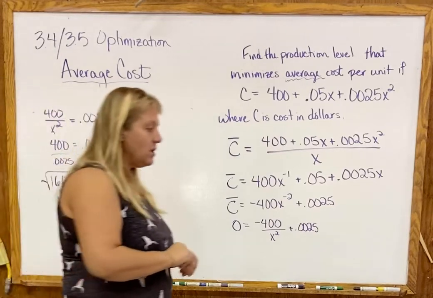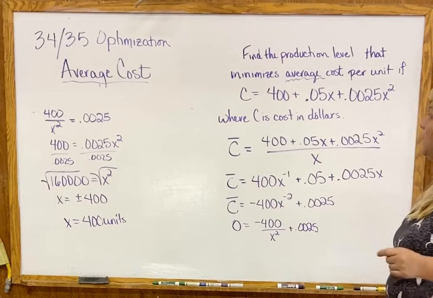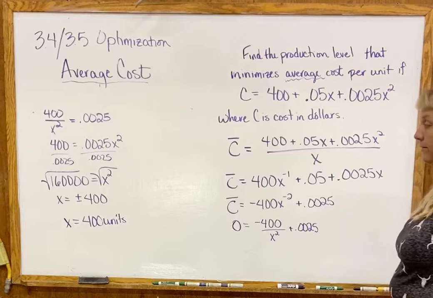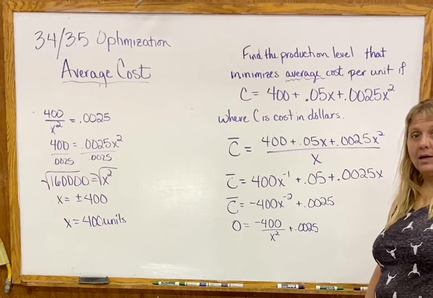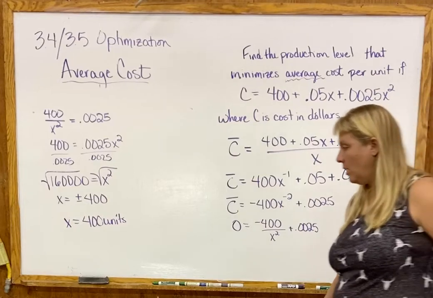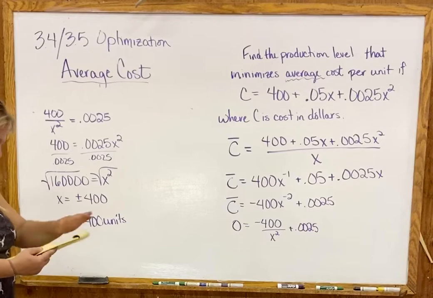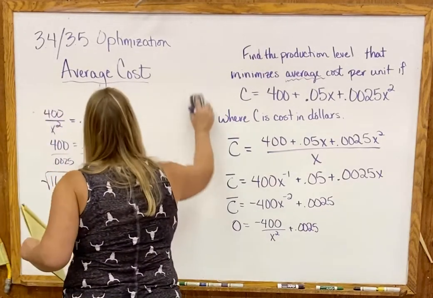Okay, so at a production level of 400 units, we're gonna come up with our minimum average cost. So average cost per unit, okay, will happen when you produce 400. All right, how are we doing? Looking good? Okay, so one more problem and then I will let you do this on your own, okay?